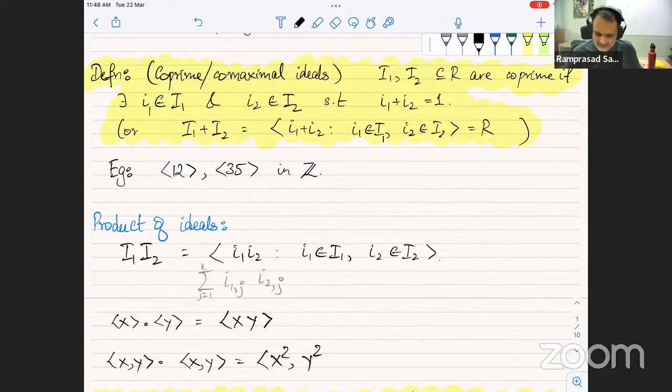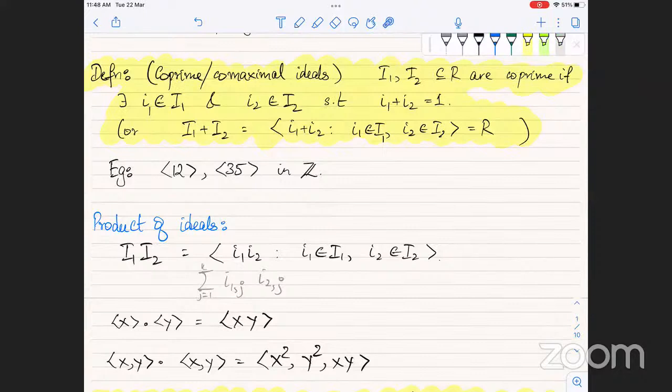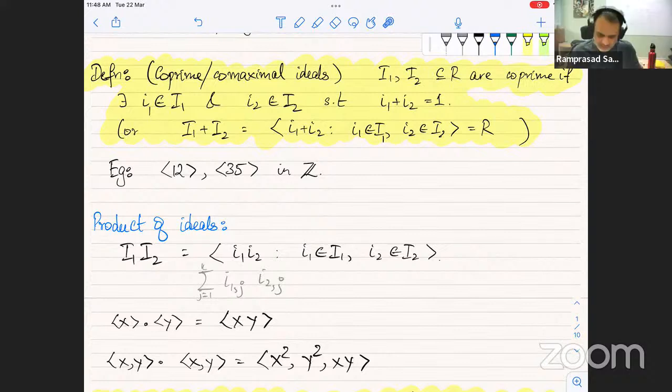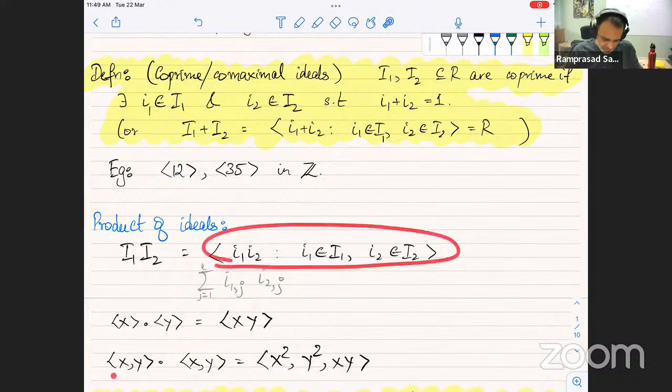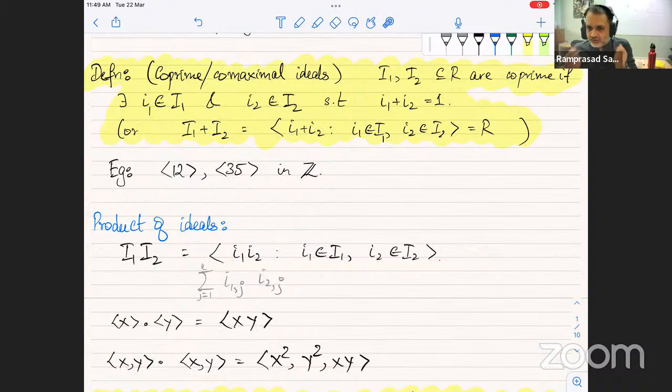You have to add the generator XY also, for the xy terms, 2xy, something like that. So it's not just x squared and y squared, because xy is also something in this product, because x belongs to this ideal and y belongs to this ideal. So your ideal is forced to include xy also.